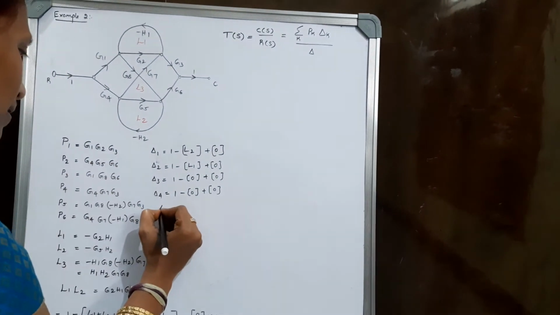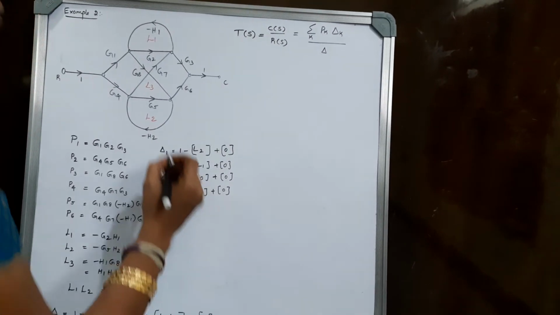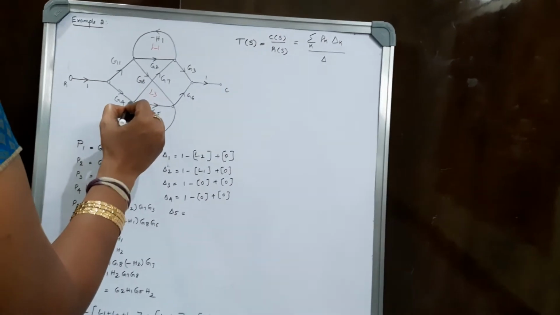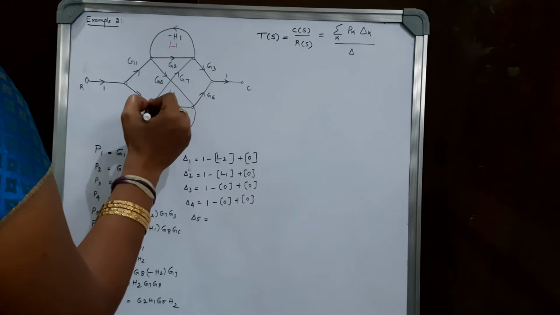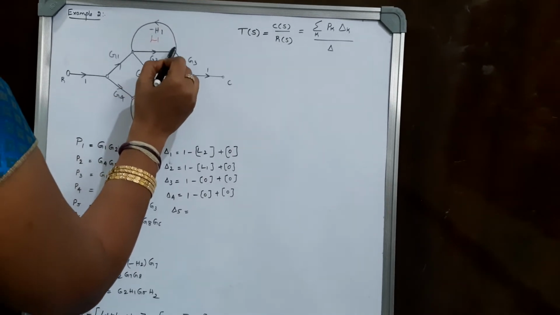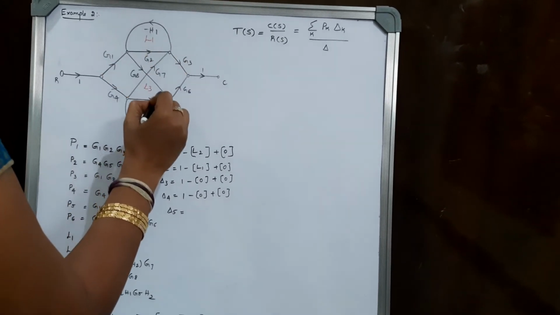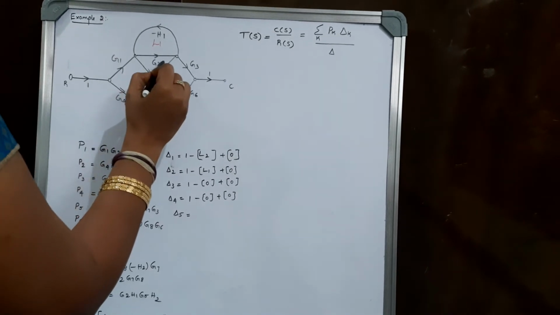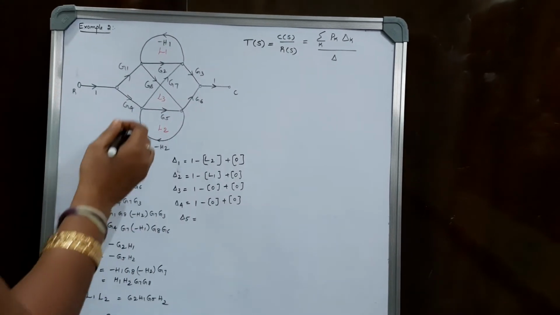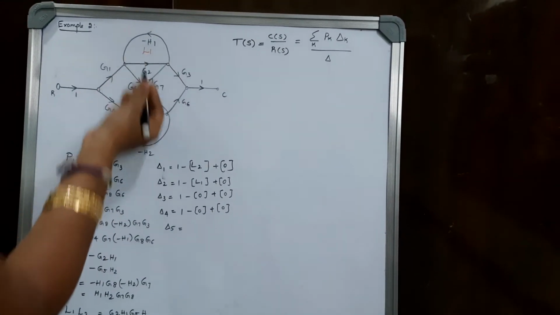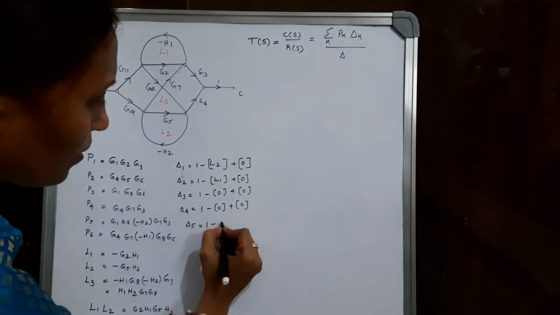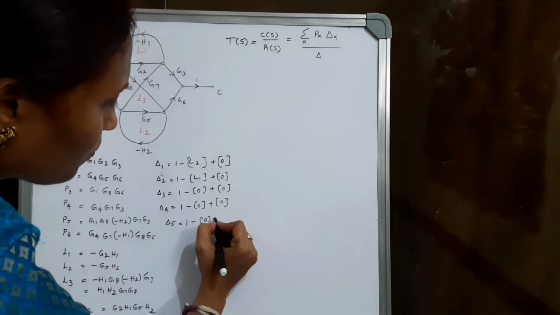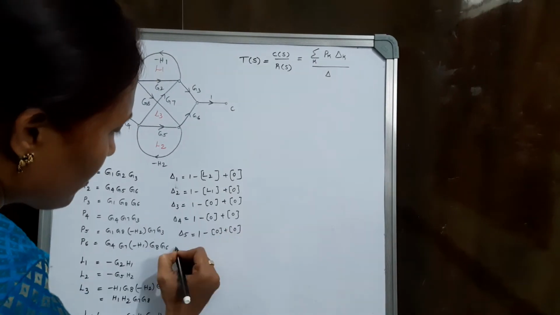Then delta 5. Delta 5 is this one, that is, which is in the form of an 8, that is H1, G8, H2, G7 in this manner. So if I consider this, all the 3 loops are touching, and hence I'll be getting delta 5 to be also equal to 1.